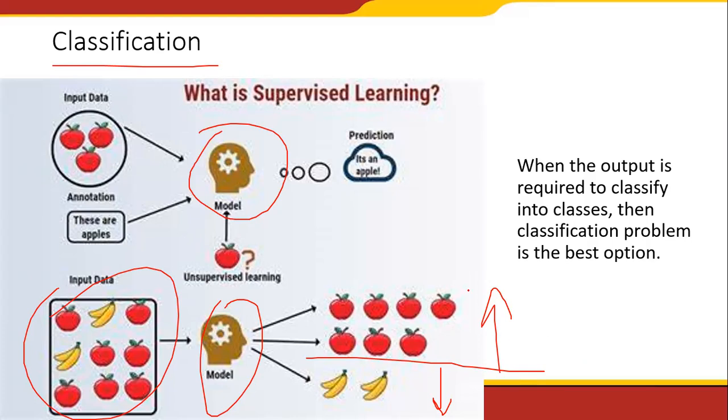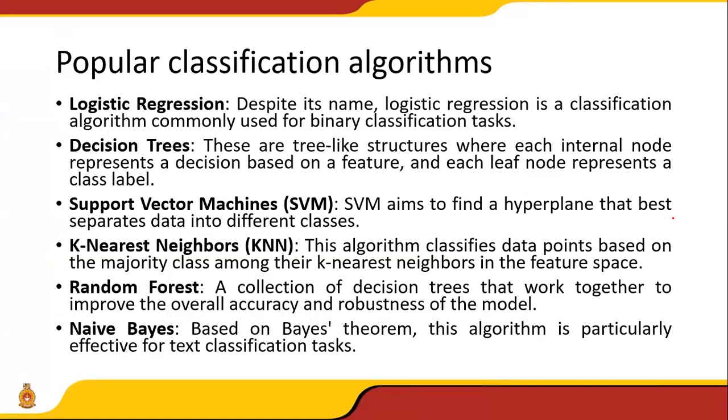When the output is required to be classified into classes, like class A, B, C, died or survived, or gender male or female, we are dividing it into different parts. In such cases, we call it a classification problem. In a regression problem, we are not classifying; we have a specific linear or regression line. But in classification, we have different kinds of classes.